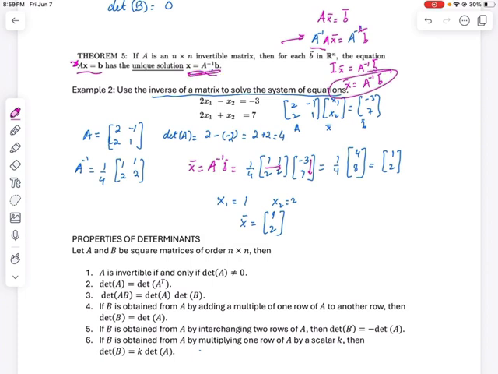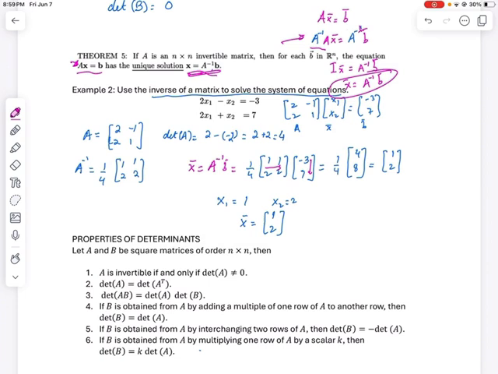So how do we do this? We are given this example: use the inverse of a matrix to solve the system of equations. So we are not going to do the row reduced echelon form. We are using the inverse. So whose inverse? Well, as it's saying here, A inverse.